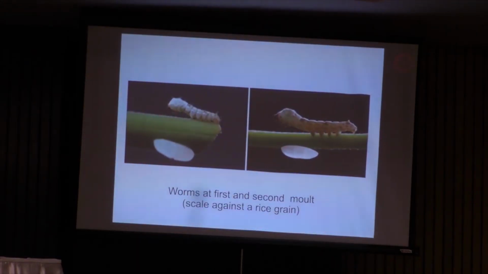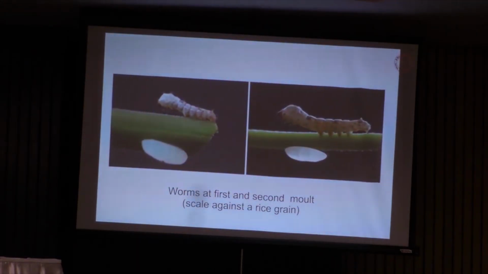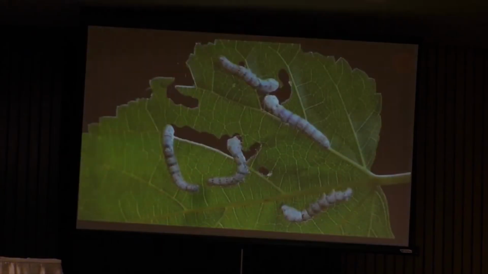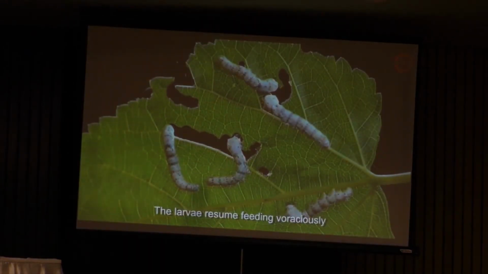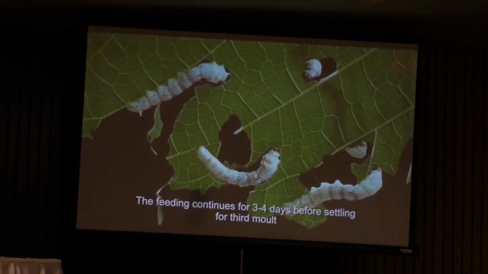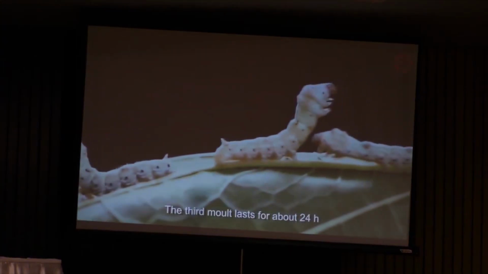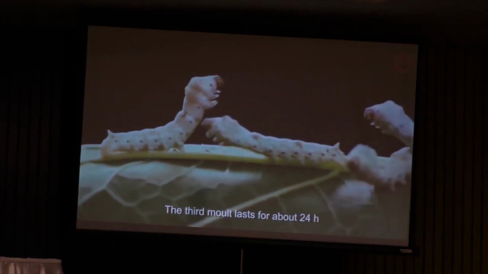Larval size at first and second molt, compared against the scale of a rice grain. The larvae resume feeding voraciously for 3 to 4 days, before settling for third molt. The third molt lasts for about 24 hours.